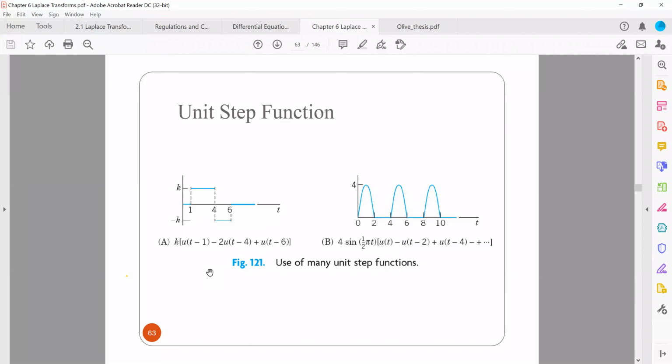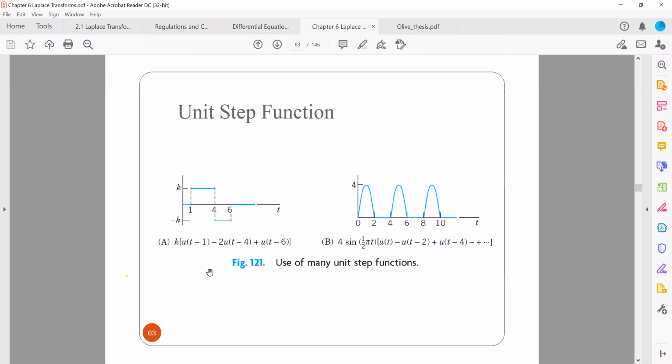So between 0 and 2, ut is active, so you have 1. At 2, if I subtract ut minus 2, I've introduced a negative 1. 1 minus 1 is going to be 0, and that's why it's flat. At 4, I bring another step function. So what I have now is 1 minus 1 plus 1, which is now plus 1.